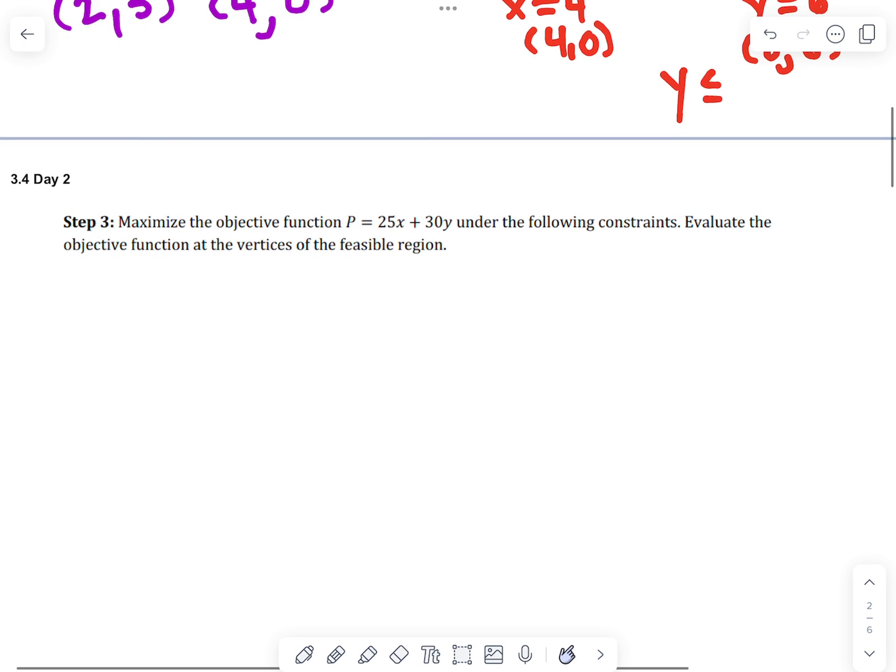After that, we want to maximize our profit. So we're going to go ahead and evaluate the objective function. So 0, 0.